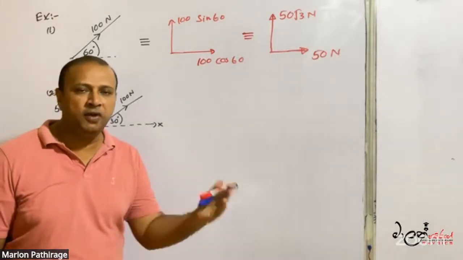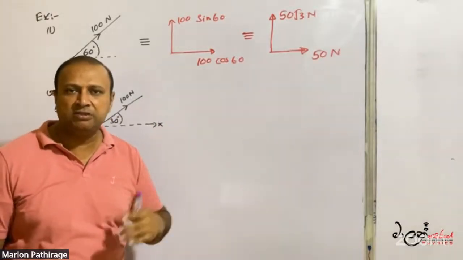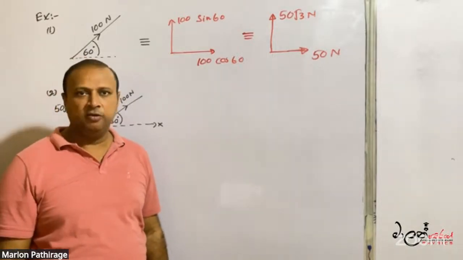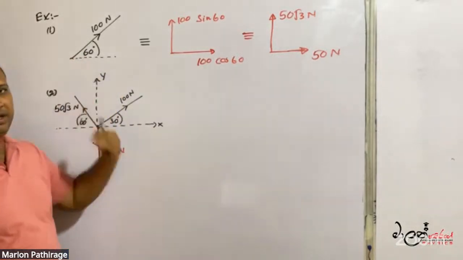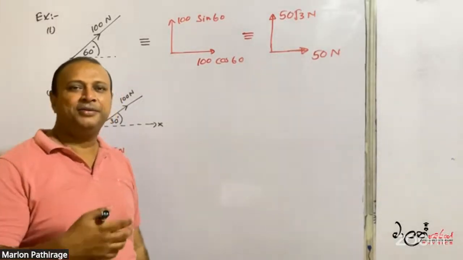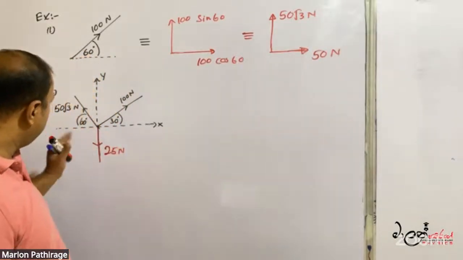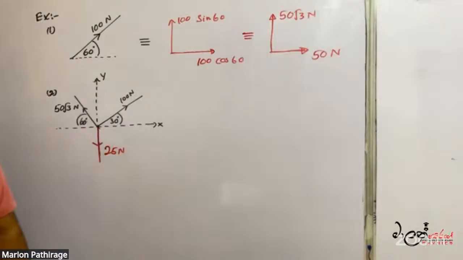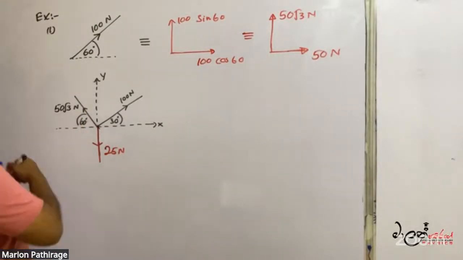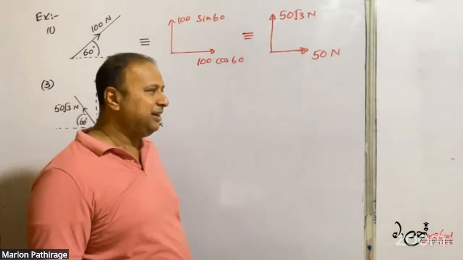Resolving a vector into x and y directions means you have to reduce this vector system into two perpendicular vectors, which are in the x and y directions. Okay. Before that, I will take this one as the third example. Before this, I will let you know the second example.